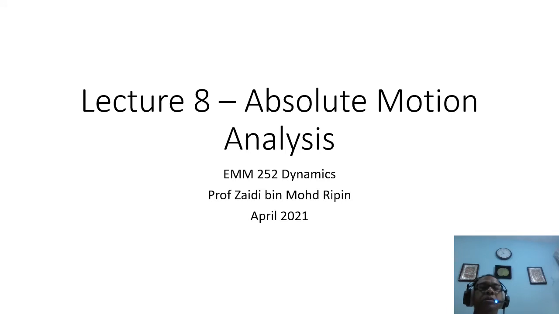Good morning. Today we will continue with lecture 8 on the absolute motion analysis. If you remember, we have covered this in topic 6 for particles. Now we will cover it for rigid body.